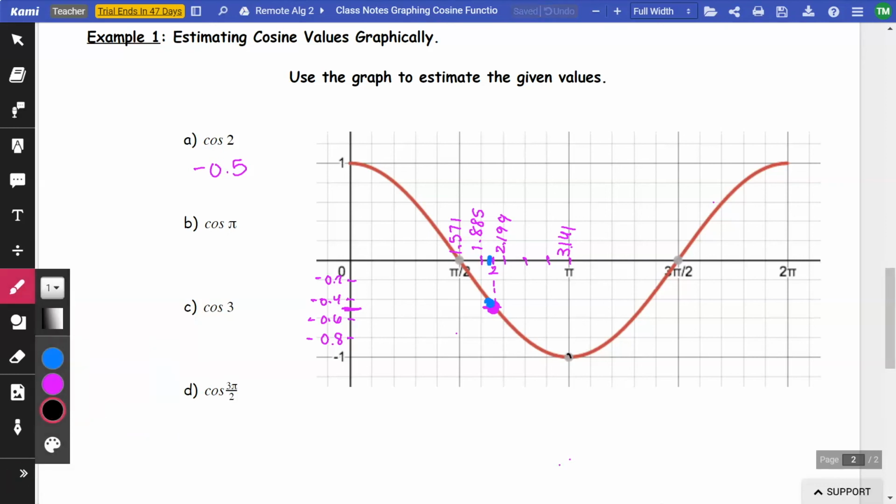So the cosine of pi, easy to find, negative 1. The cosine of 3 pi over 2, again, easy to find, 0. And the cosine of 3. So the cosine of 3 is going to be kind of close to 3.141.